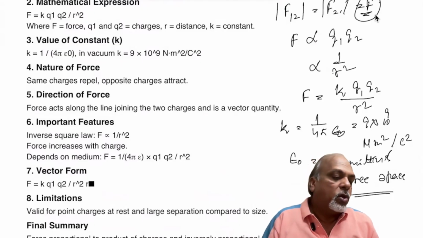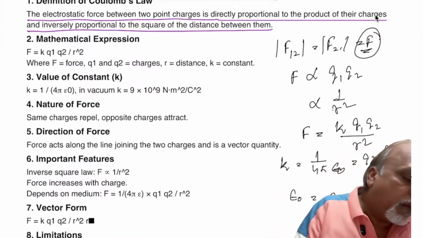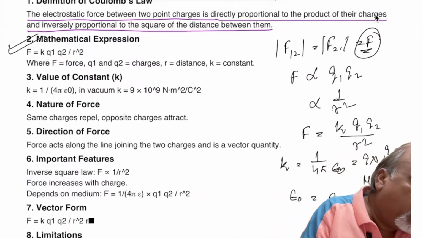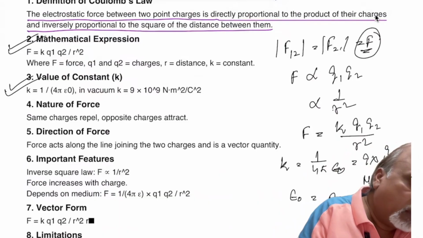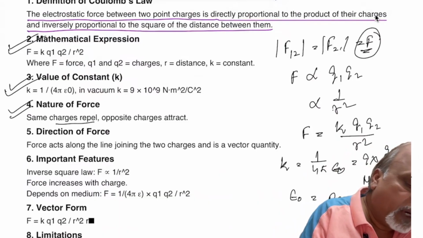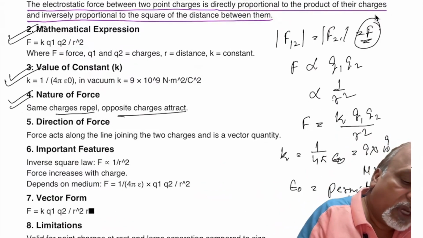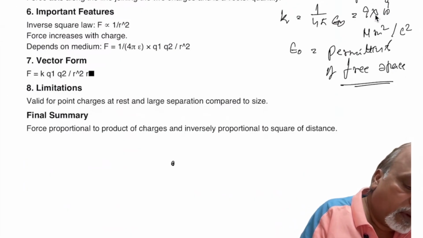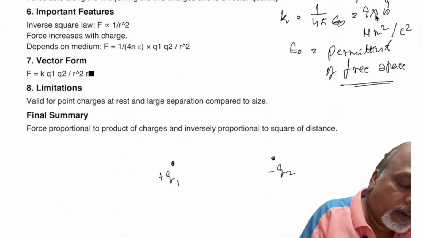Correct? So here we have seen the mathematical expression I have given you. The value of the constant is also given. Nature of forces: same charges repel, opposite charges attract. Of course, suppose you have one charge positive and another negative, and they are r distance apart.